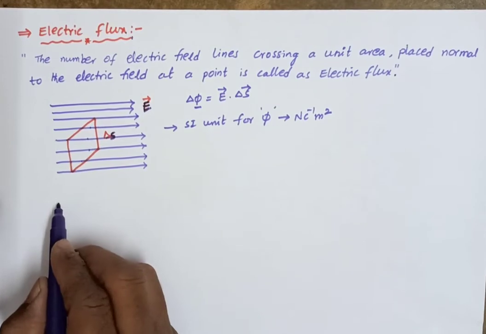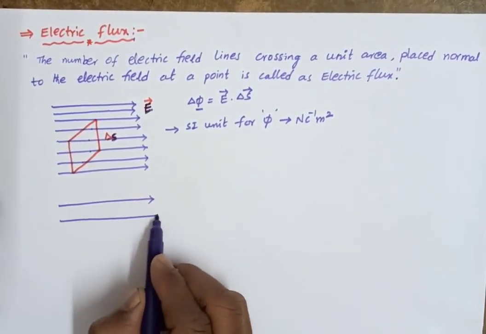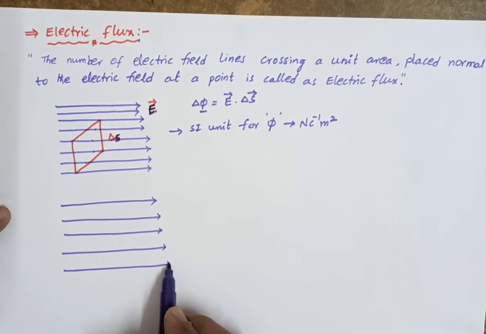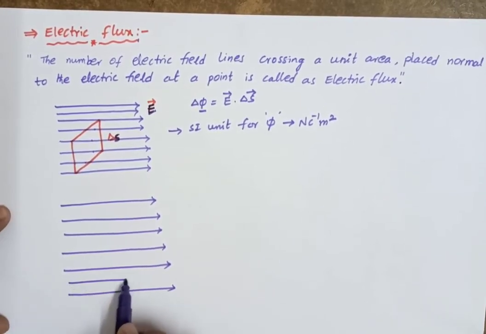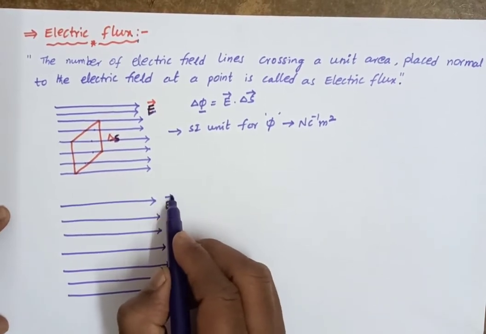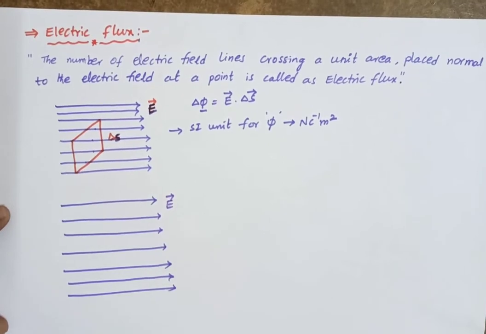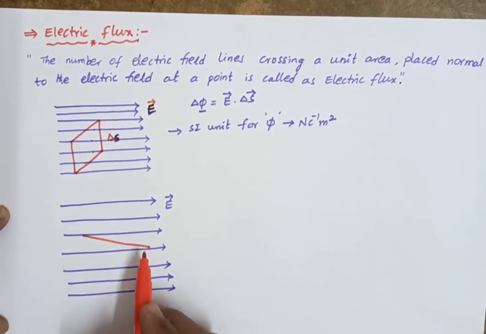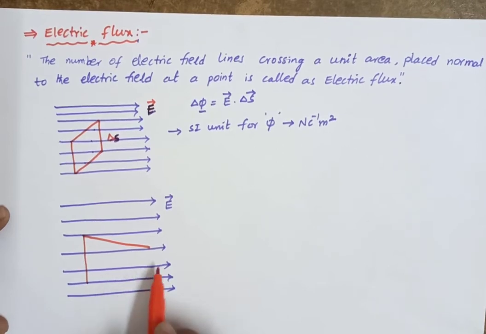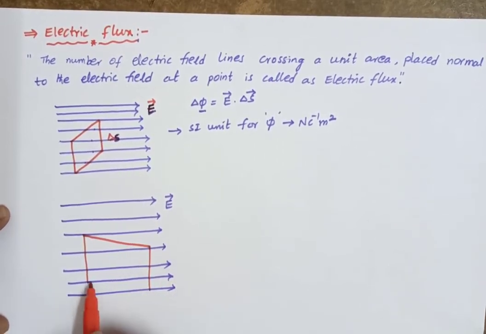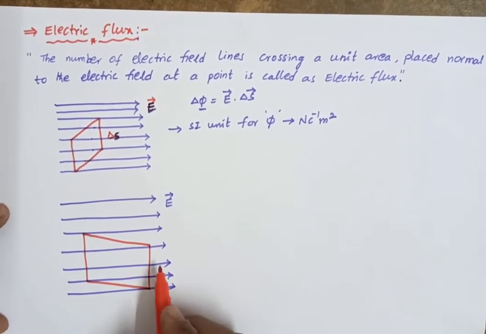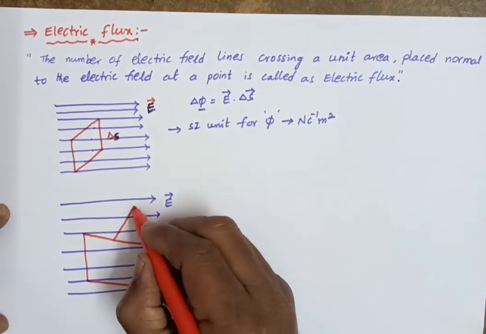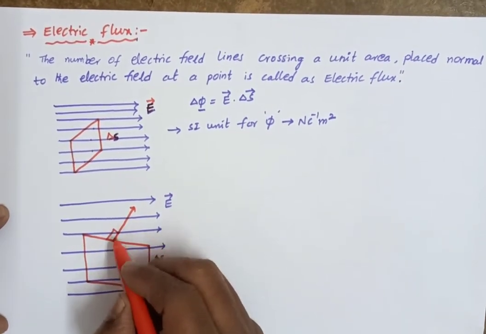Now we consider another electric field. When we consider a particular area, this area is delta S, and this is the normal to the area.